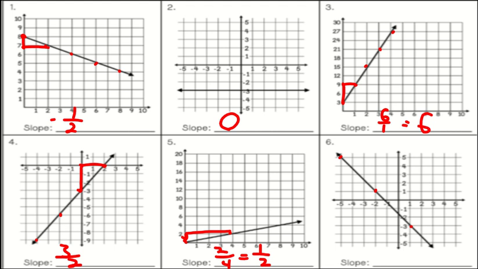But I'm going down 4 over 3. Down 4 over 3. So I'm doing the same thing each time. My rise, the up and down, was 4. My run was 3. And then that is a negative graph. Any questions on this?